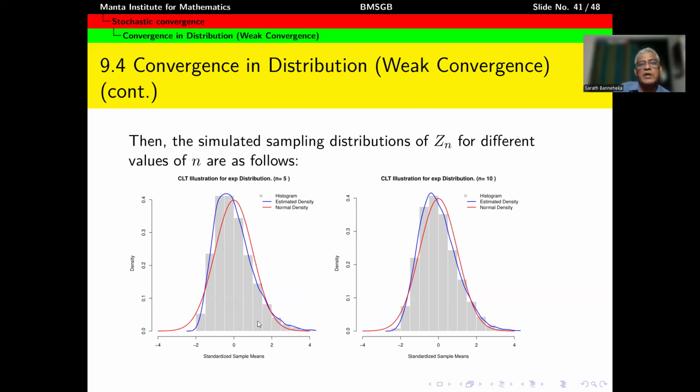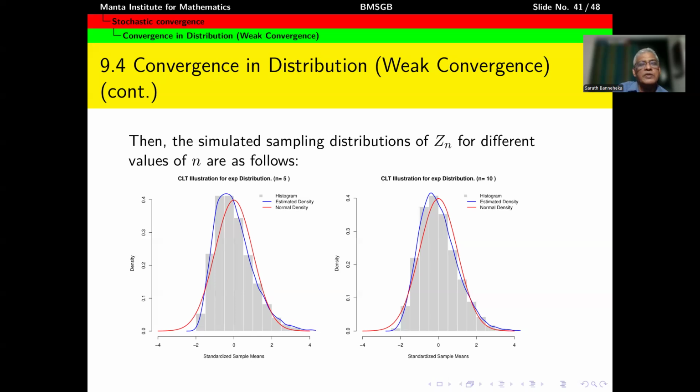I'm considering X5 bar and then taking away the mean and then dividing by the standard deviation. That is, I'm considering now Z5. So generate Z5 again and again by taking different samples from that distribution. And I have drawn the histogram of those different Z5 values.